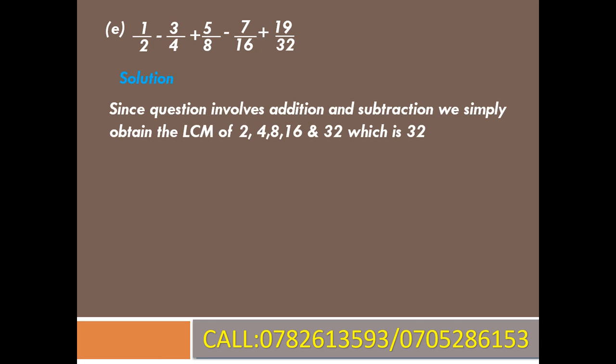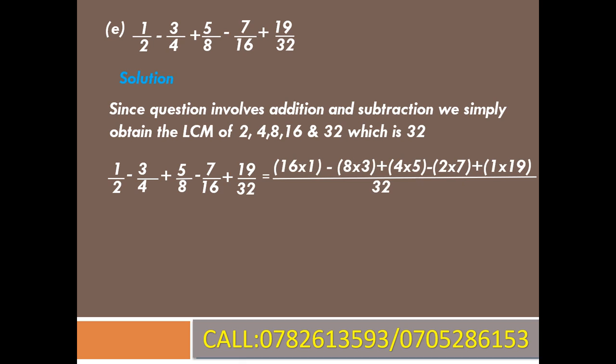So the LCM is actually 32, and then we shall proceed and work out normally. A half minus 3 out of 4 plus 5 out of 8 minus 7 out of 16 plus 19 out of 32 equals, our LCM is 32.